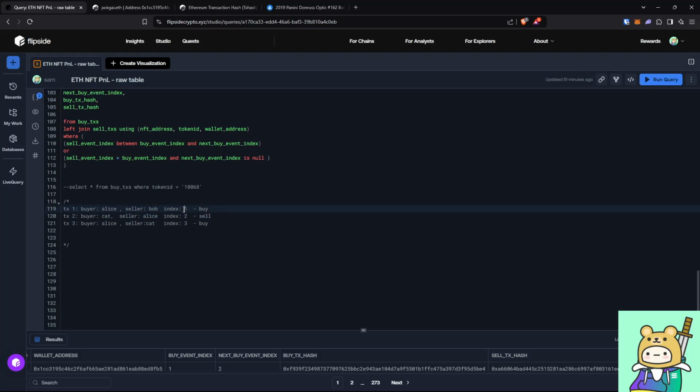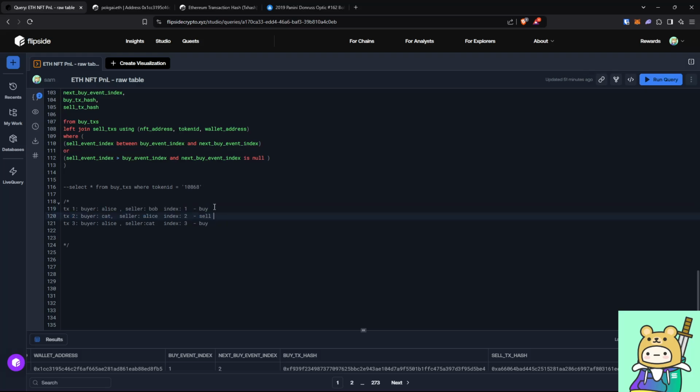So we want to join index 1 and index 2 and not pull in index 3, because that buy belongs to another grouping that we are not including over here, right? So we want to include only this grouping, the first buy and the first sell, which is index 1 and index 2.